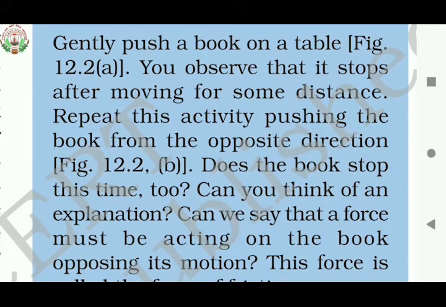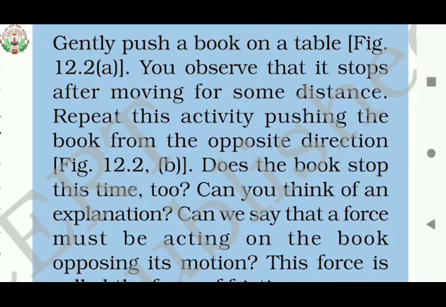In the effects of force, we had seen that when you apply a force on an object, it can either increase its speed or reduce the speed. So here also some force may be acting on the book.